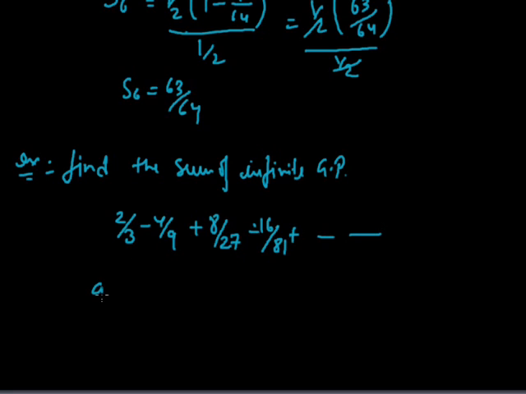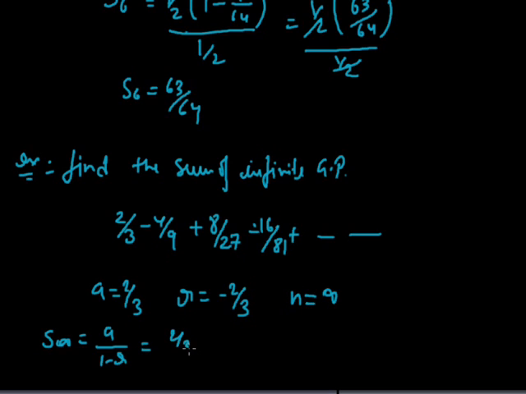Then a equals 2 by 3, r equals minus 2 by 3 and n equals infinite. Then S infinite equals a upon 1 minus r equals 2 by 3 upon 1 plus 2 by 3, equals 2 by 3 into 3 by 5 equals 2 by 5.